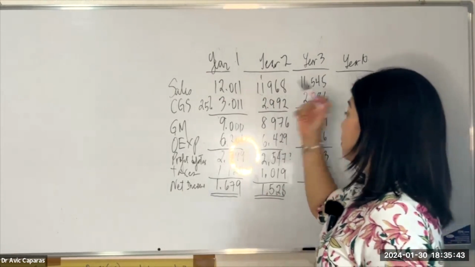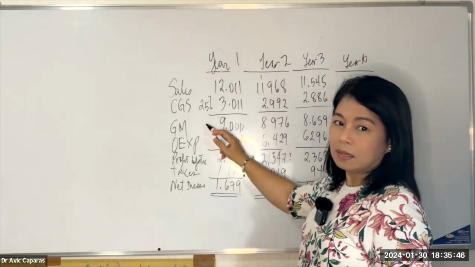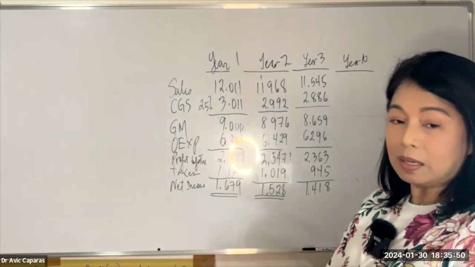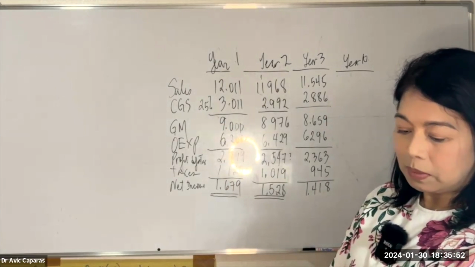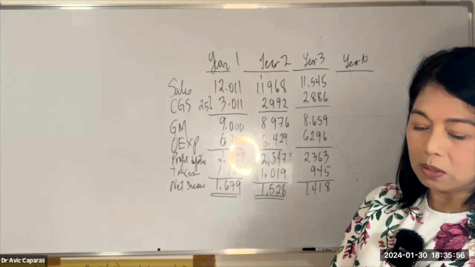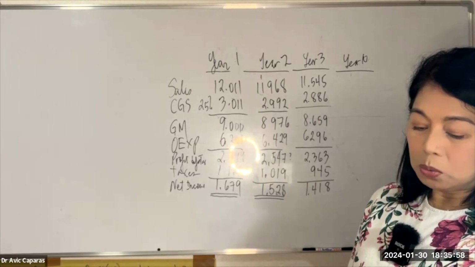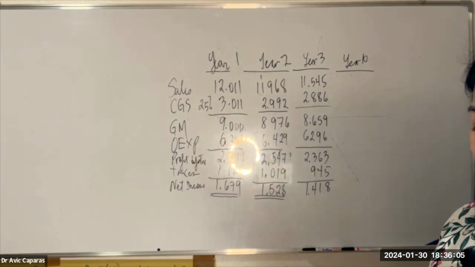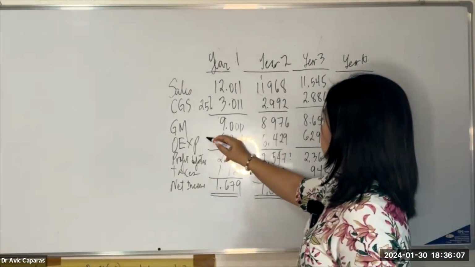Okay, and with that, this is 75%. Okay, what about other expenses? Other expenses in year 1 is 6,201 divided by, again, denominator should be 12,011. So 6,201 divided by 12,011, 52%.